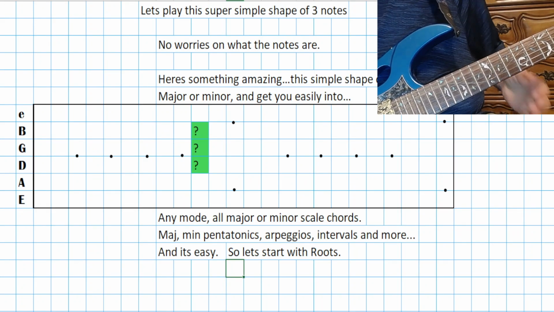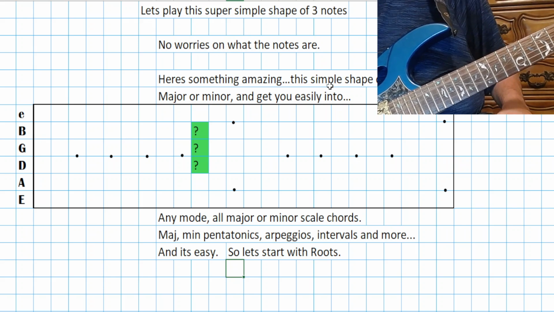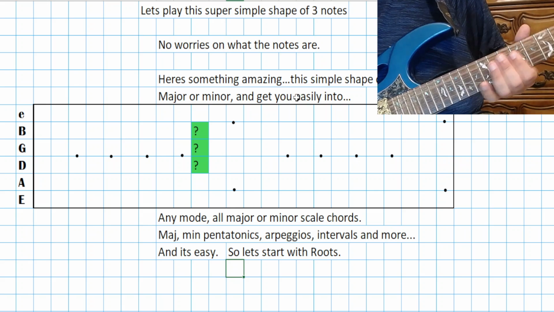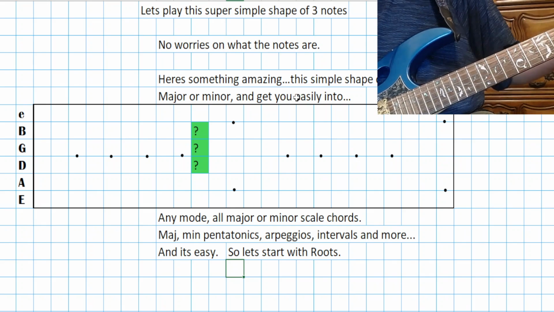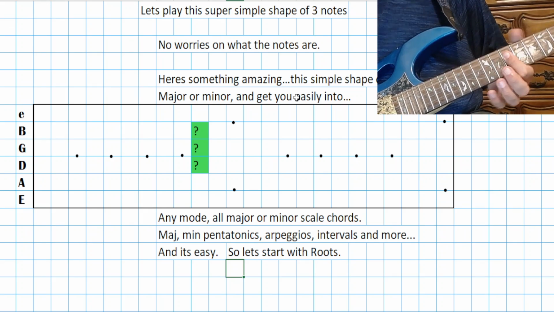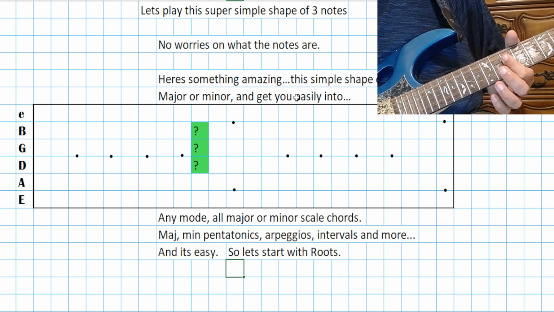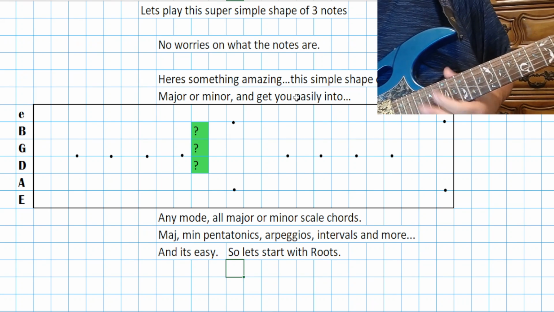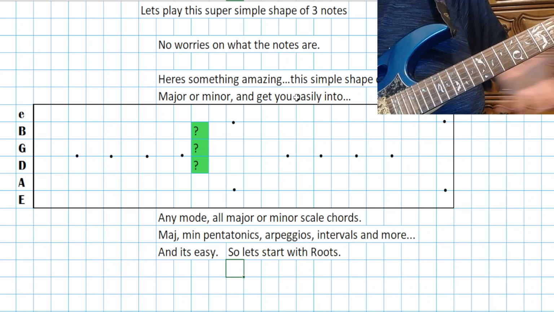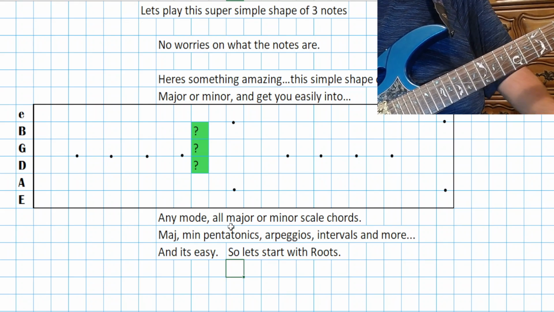Moving on from there, we play this super simple shape of 3 notes. Here's something amazing. This simple shape can also be major or minor. And right as we play it, it's kind of ambiguous. There's no real root. There's sort of an implied root, which could make it an F. But we really don't have anything else to go on, so it's just an ambiguous harmony of 3 distorted guitar tones hanging out.